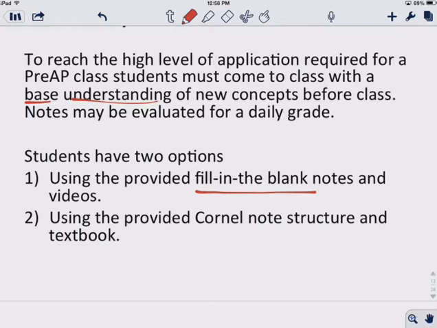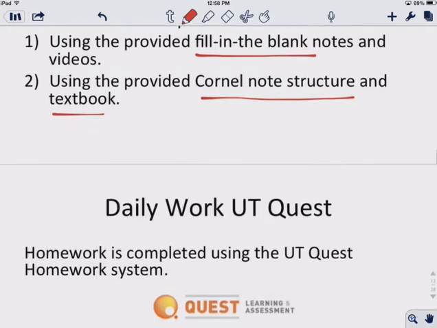And you'll be provided a Cornell note structure if you choose the textbook. This will need to be completed before class. This is your pre-class assignment. These notes may be evaluated for a daily grade just to ensure that you are staying on top of your assignments.